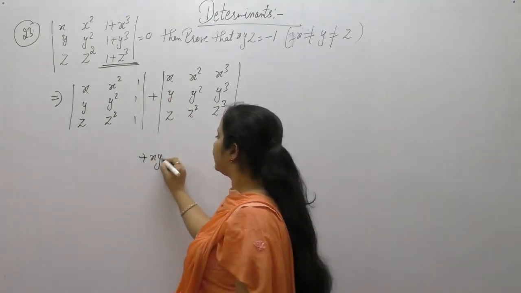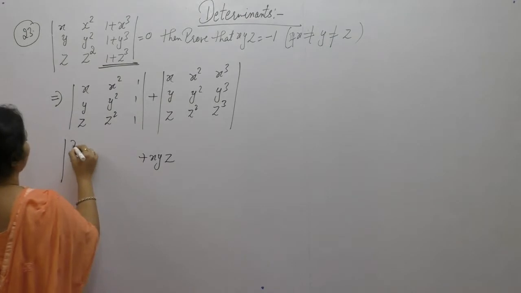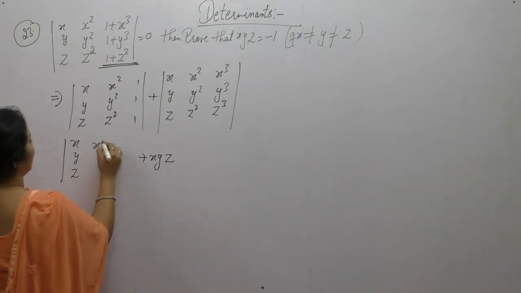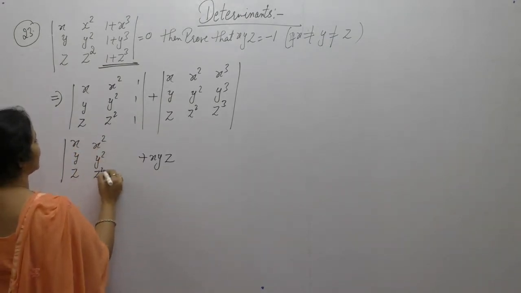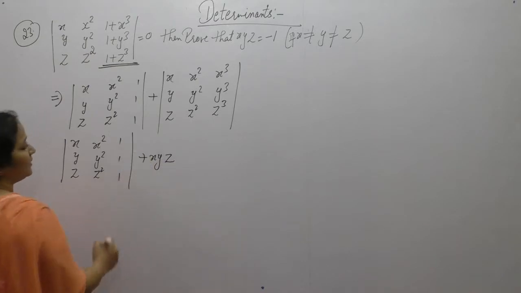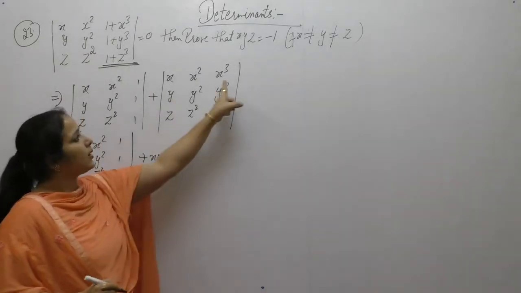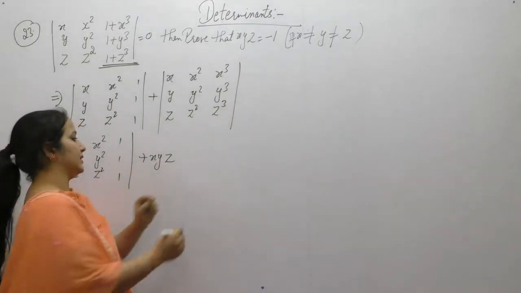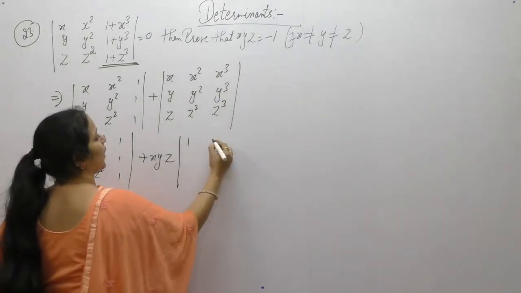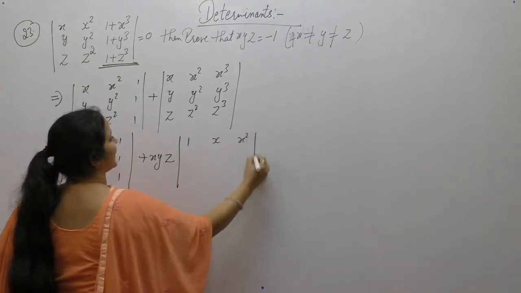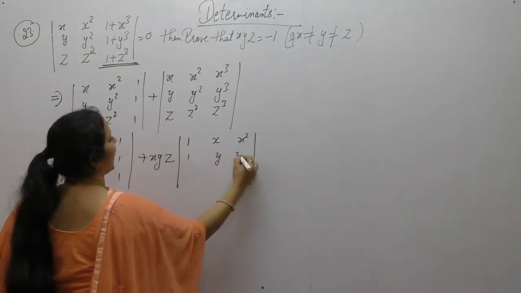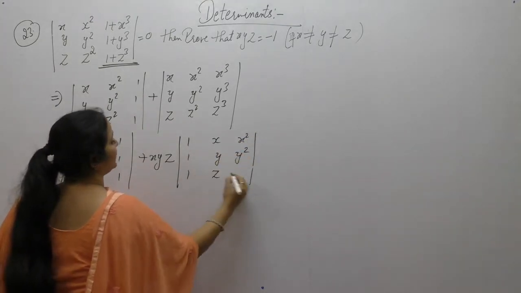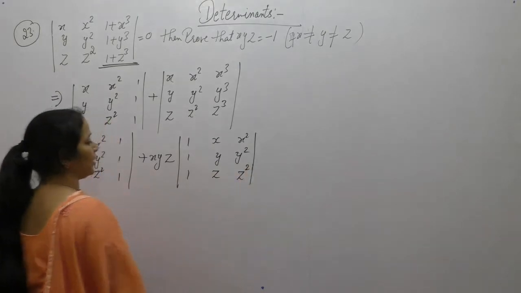The first determinant stays as it is. By taking x common from R1, y from R2, and z from R3, we are left with 1, x, x square, 1, y, y square, 1, z, z square.